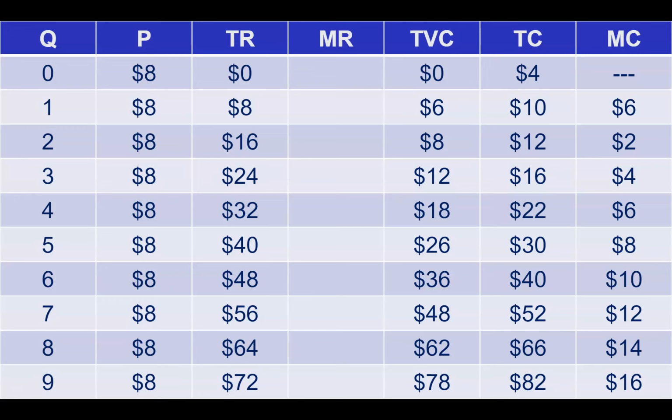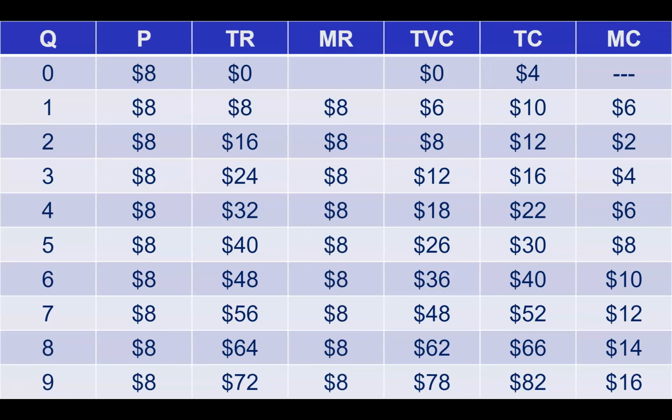First off, a reminder, marginal revenue is the change in total revenue divided by the change in quantity. So if I go from 0 to 1, I go from $0 to $8 in total revenue. So my marginal revenue would be 8. If I go from one product to 2, then my total revenue goes from $8 to $16. So the change is $8. In fact, the change is $8 all the way down the line, no matter how many goods I sell.